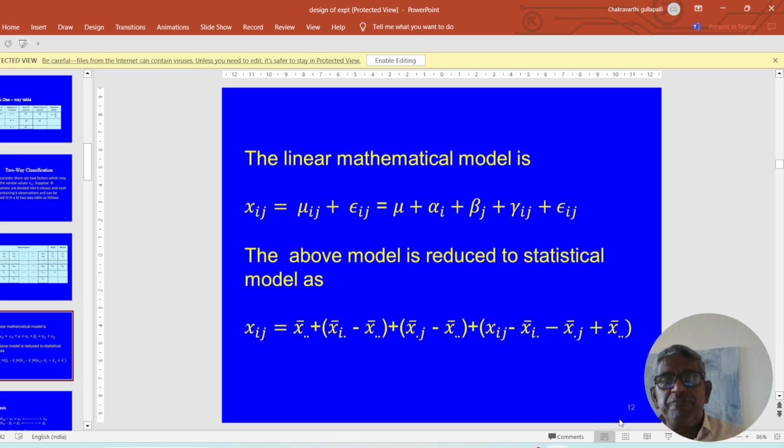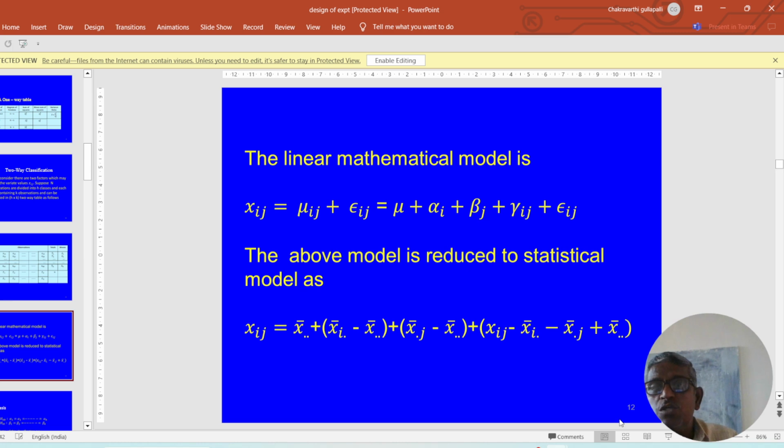Finally, the mathematical model becomes mu plus alpha i plus beta j plus epsilon ij. Again, as in one-way classification, we estimate these parameters. Mu, alpha, beta, and epsilon are all estimated through regression or a method of estimation. Here we use the maximum likelihood estimation method.